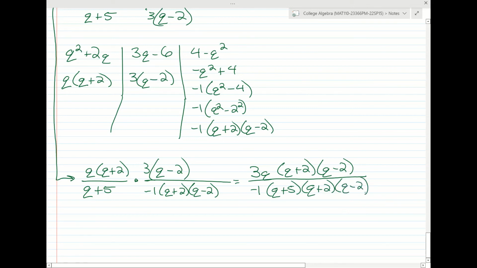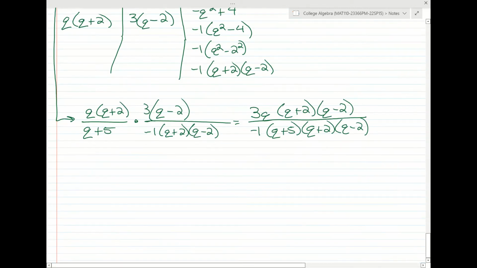So it's completely factored. We multiply by the reciprocal, and now we cancel out common factors. So there's a lot to cancel here. 2 plus 2 cancels with 2 plus 2. 2 minus 2 cancels with 2 minus 2. And you're just left with 3q on top over negative 1 times q plus 5.